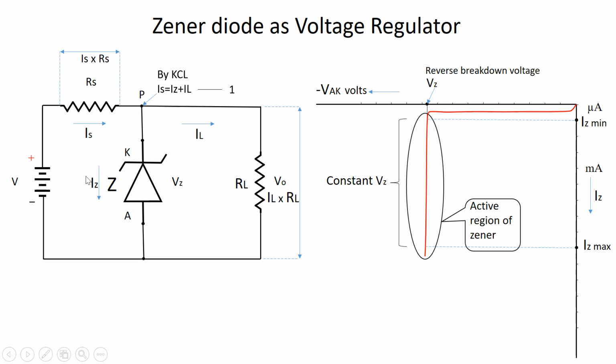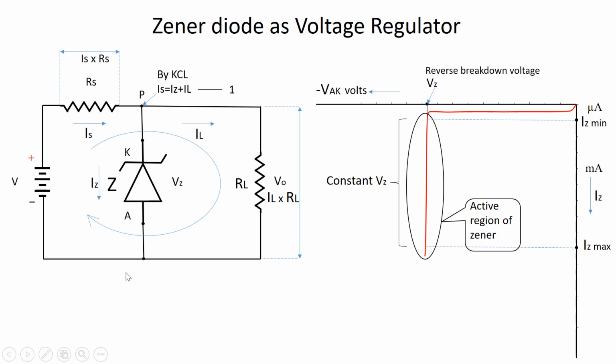Now we have a mesh here, meaning the loop. Kirchhoff's voltage law is even called Kirchhoff's mesh law, or the second law. Now, for the loop here, having the voltage source V, the series resistance Rs, and the load resistance RL, we can write Kirchhoff's voltage law for this particular path of the loop.